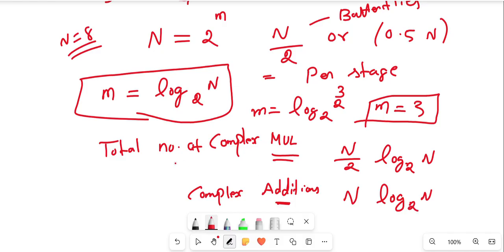The total number of complex multiplications is n by 2 log n to the base 2.